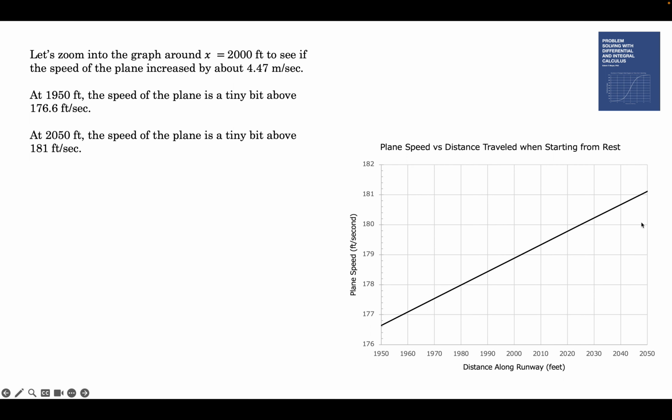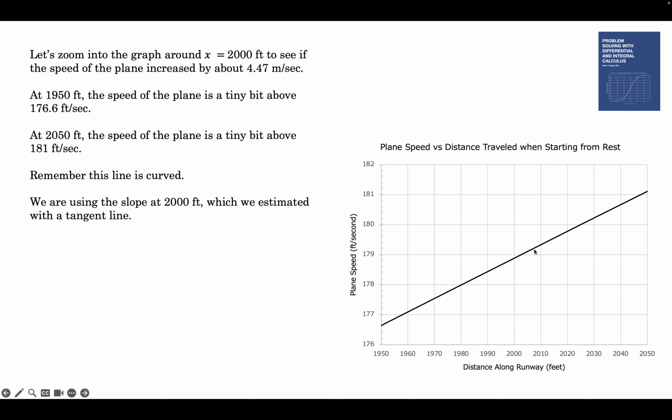At 2050, it's a little above 181.1, something like that. So this actual line is curved. That's not the tangent line. We're just zooming in on the line, and it looks straight. We're using the slope at 2,000 and extrapolating out, so we hope we're close. All we can say is we're not wrong. 176.6 to 181, that's very close. That changes 4.4 something.